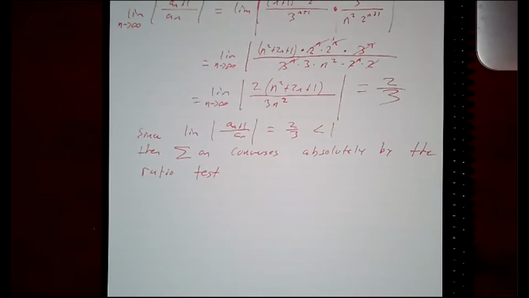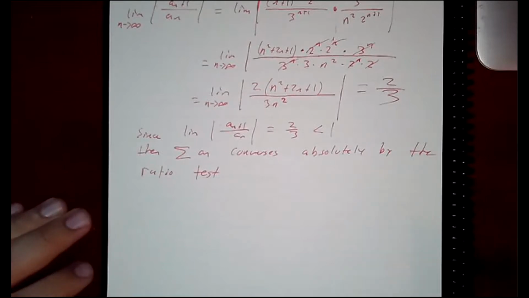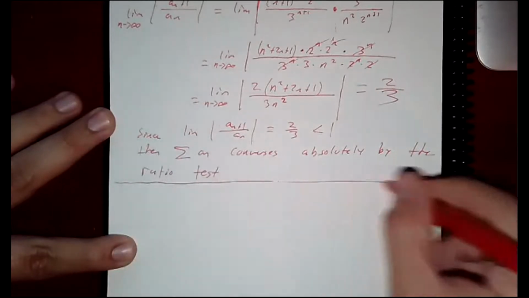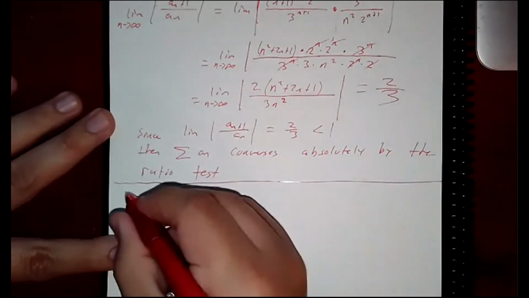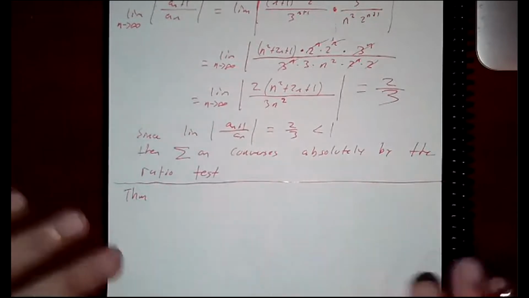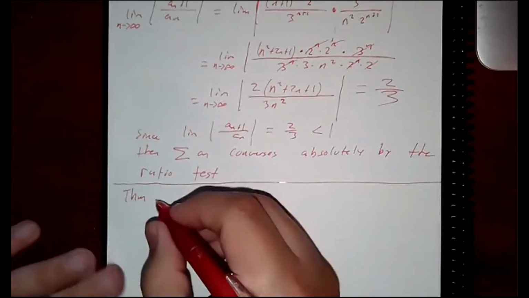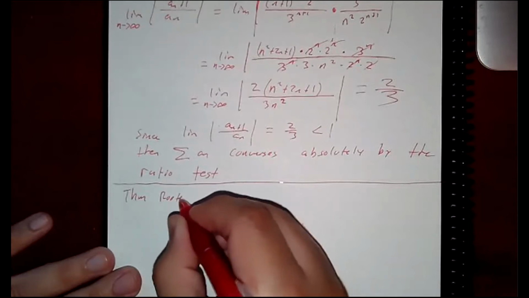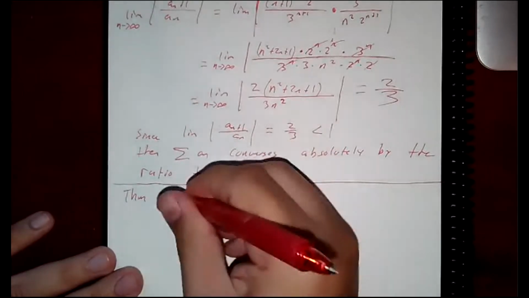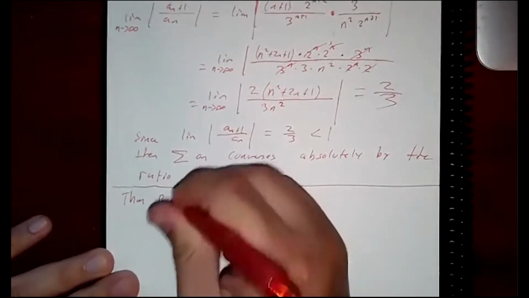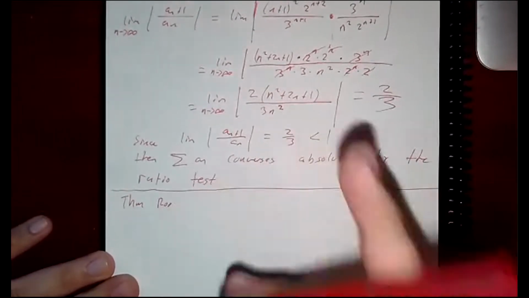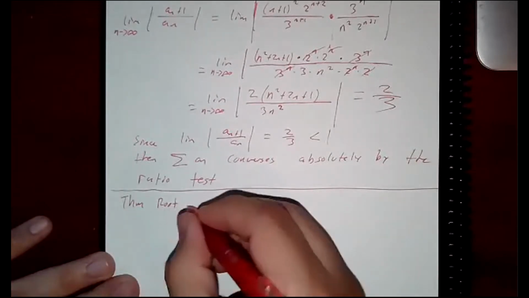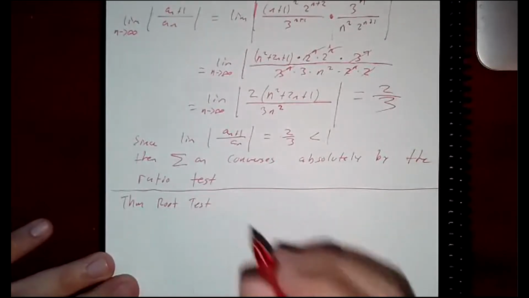All right. Let's do the last theorem and one last example, and we'll be done. Root test. Root test and ratio test have exactly the same conditions, but you use them in different scenarios.